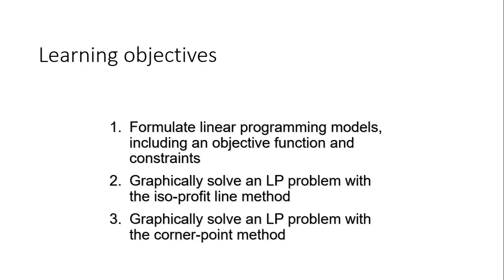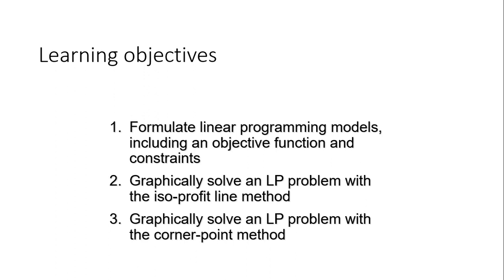The main learning objectives for the linear programming course: number one, formulate linear programming models including an objective function and constraints. Two, graphically solve a linear programming problem with the isoprofit line method.